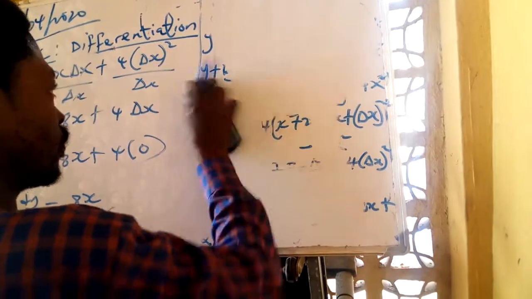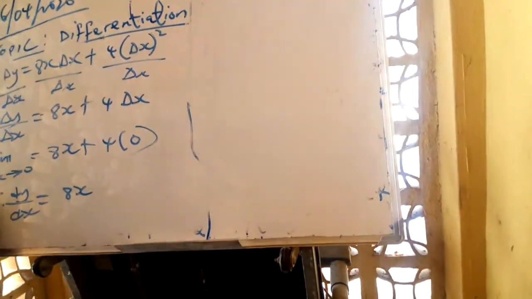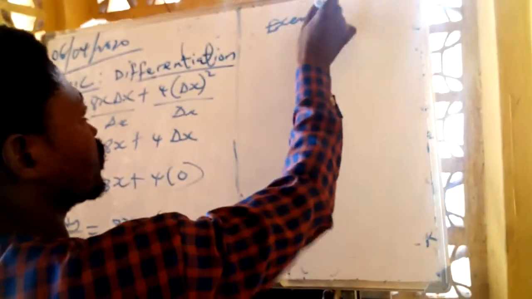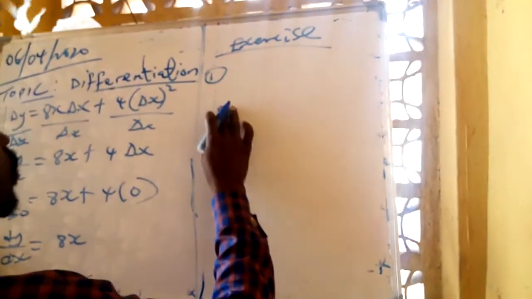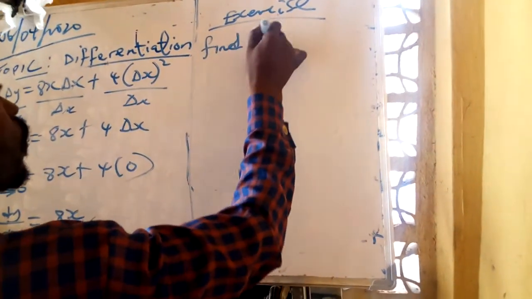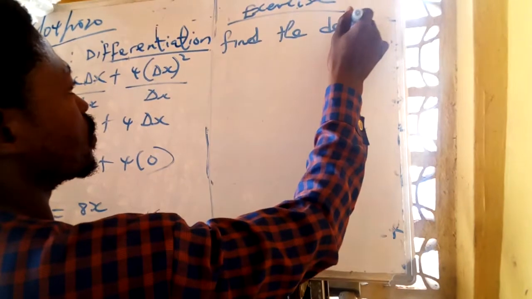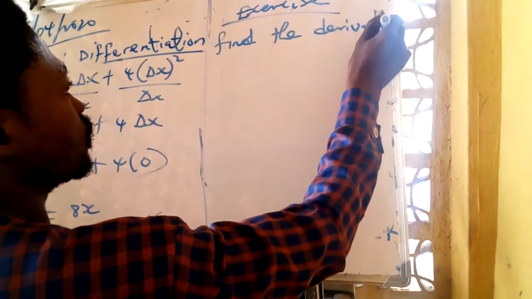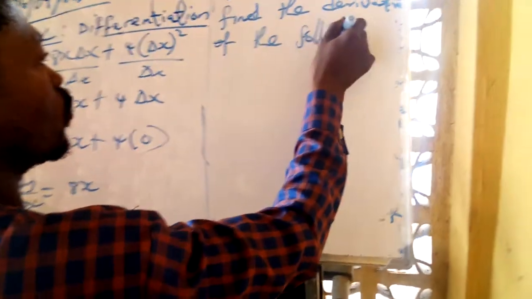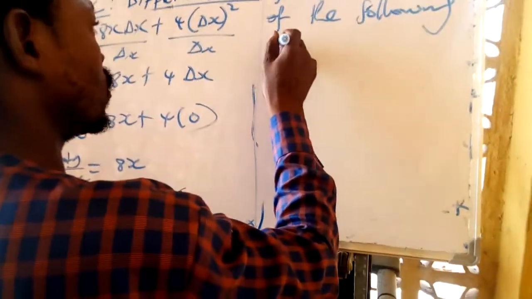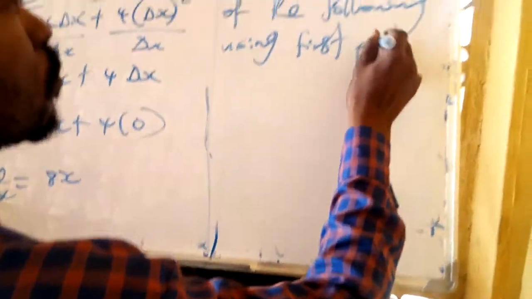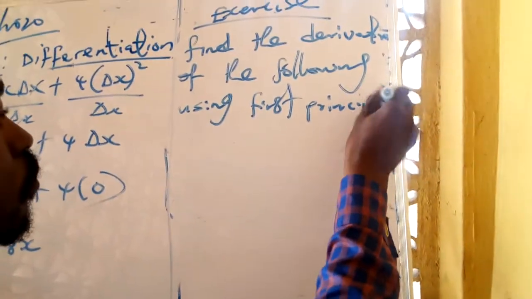So let's write down some exercise. Practice this exercise now. Exercises. Let's do some questions to practice. Question number 1. Find the derivative of the following using first principle.